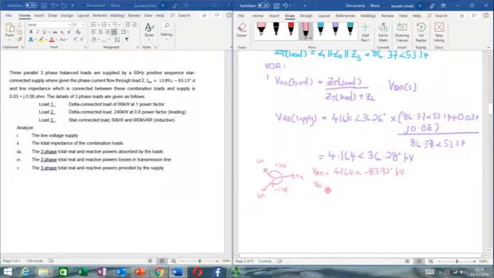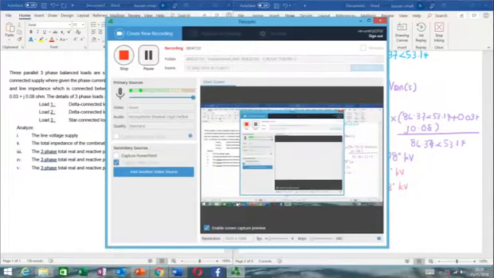And then for VCN it is 4.164 angle plus 120, so this one is 156.28.